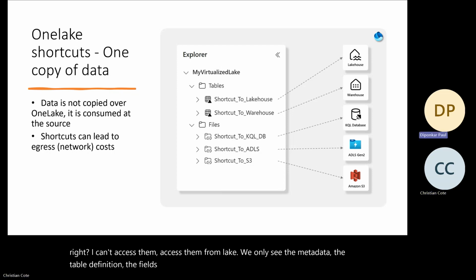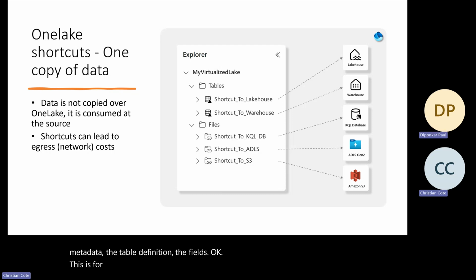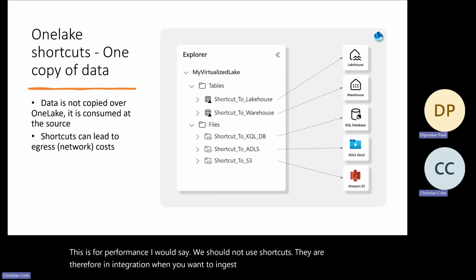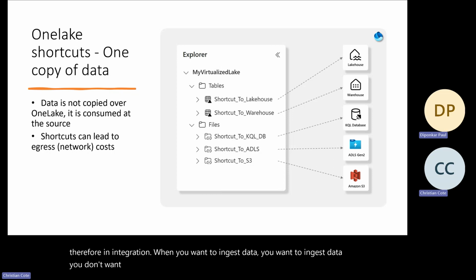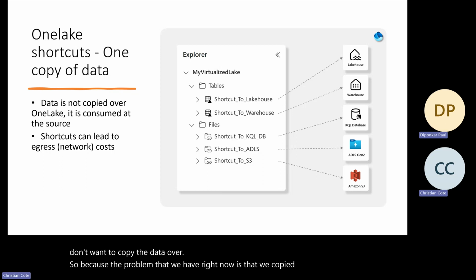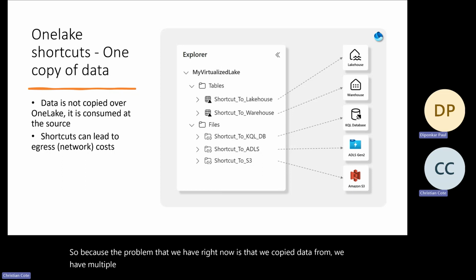This is for performance. I would say we should not overuse shortcuts. They are there for integration when you want to ingest data and you don't want to copy the data over, because the problem we have right now is that we have multiple copies of the data. That's just crazy.